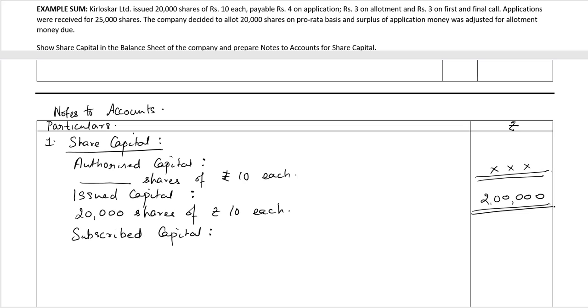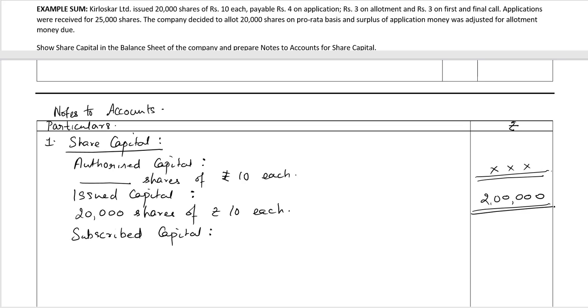Now, though there has been oversubscription on shares, at the time of preparation of the balance sheet of the company, as per pro rata basis, the excess application money would have been adjusted towards allotment money due and the call money would have been received.